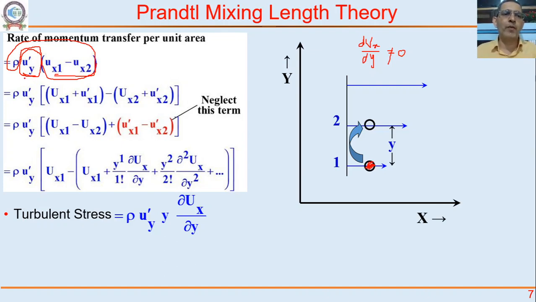So uy prime, fluctuating, velocity is nothing but flow rate per unit area. So this is like rate of change of momentum per unit area. It is rate of momentum transfer per unit area, nothing but force. So it is force per unit area acting on this plane at y equal to 2. This plane.